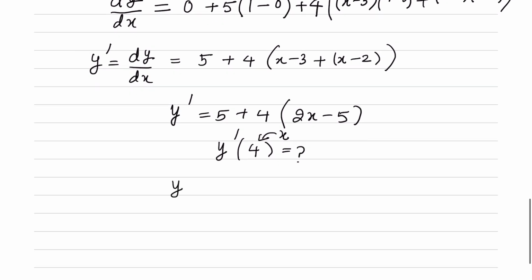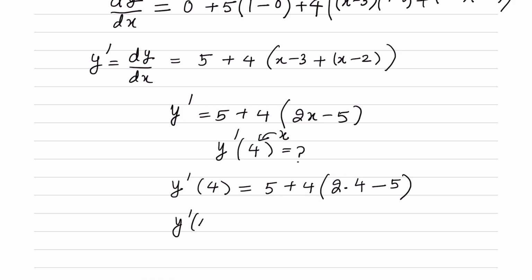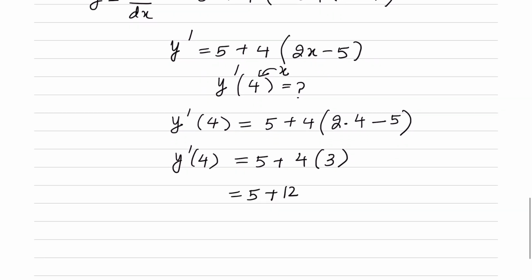When we do that, y dash at 4 will be 5 plus 4 into, in the place of x, 4 minus 3 plus 4 minus 2. So y dash at 4 is equal to 5 plus 4 into 1 plus 2, 3, so we have 5 plus 12, which gives us 17.